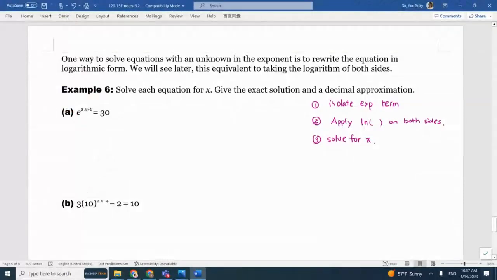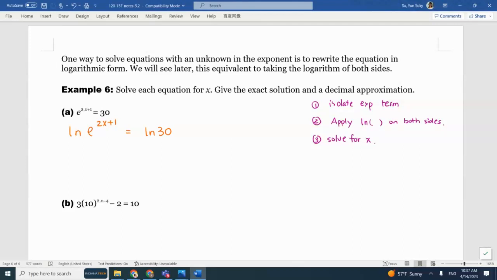Okay, first, do we have the exponential term isolated? Yes or no? Yeah, it's almost the left-hand side by itself, right? It's already isolated. So we can apply ln. So ln of e to the 2x plus 1 equals ln of 30.